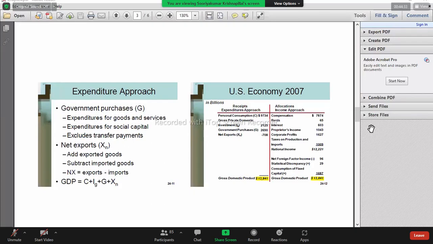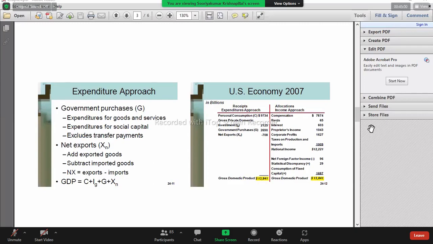And we already saw that to balance the expenditure approach and the income approach, we add some statistical discrepancy. We should add it because the expenditure approach is always greater than income. Then we should include consumption of fixed capital.